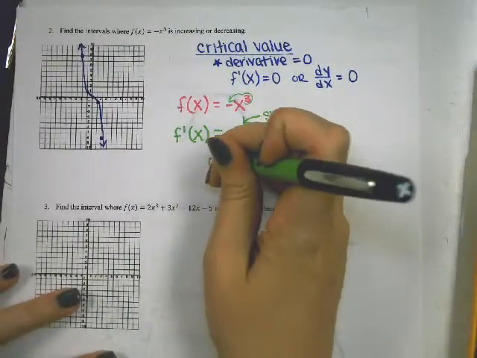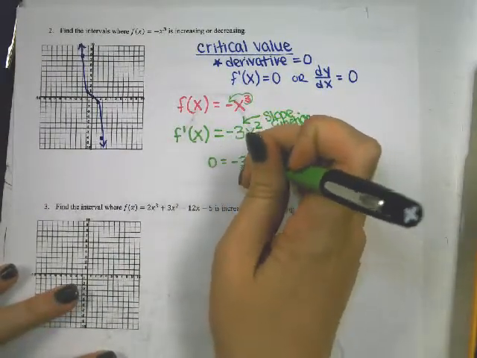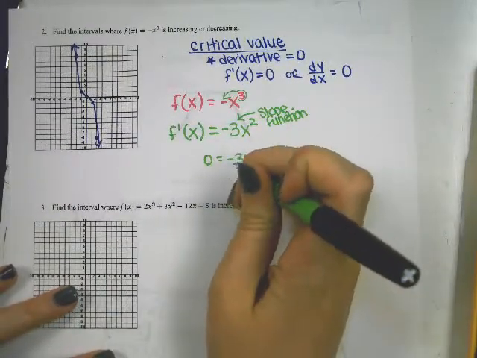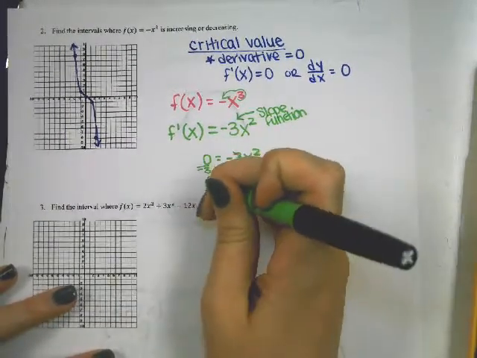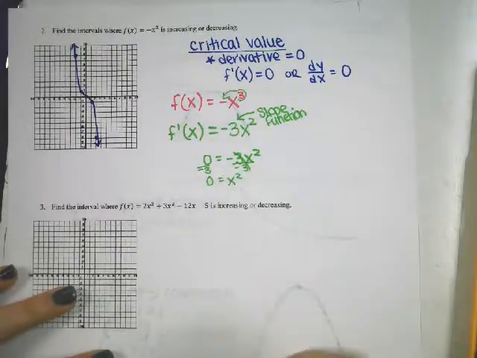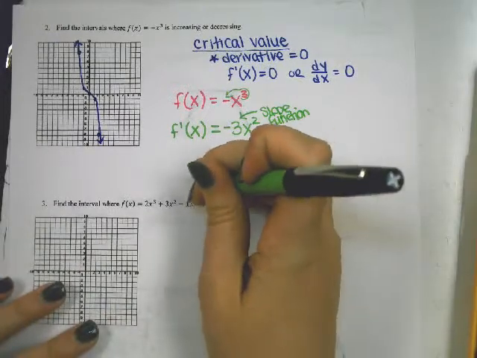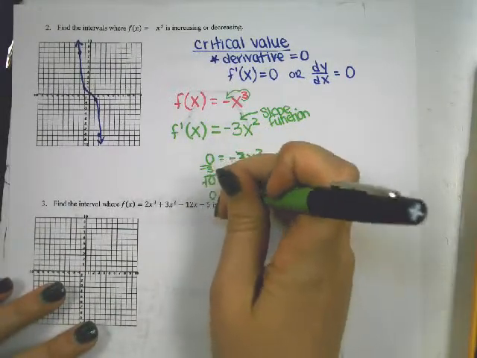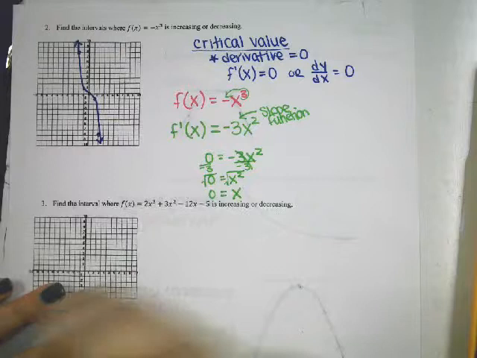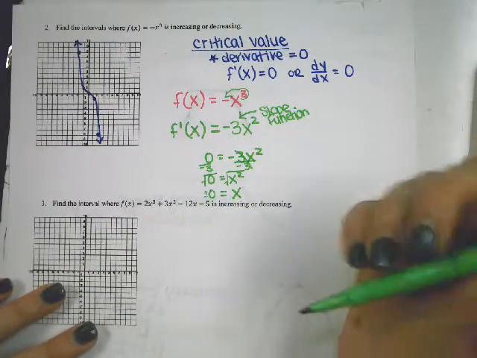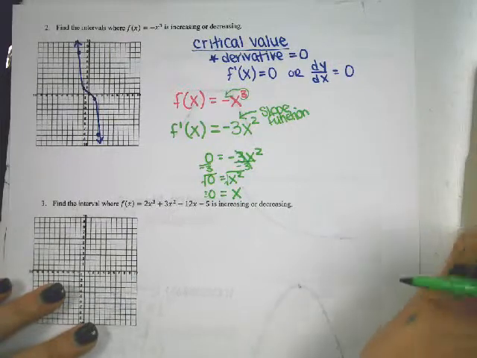So we're going to say 0 equals negative 3x squared. We can divide both sides by negative 3. And in order to solve 0 equals x squared, square root both sides. Square root of 0 is 0. It'd be plus or minus 0, but that's kind of pointless because positive 0 and negative 0 are both 0.